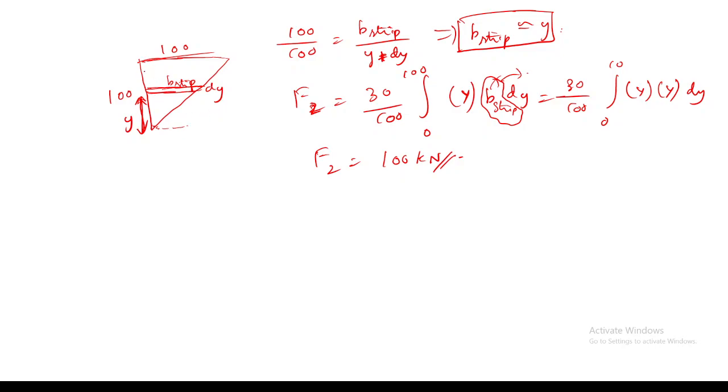Based on this similar triangle concept, I can write this 100 divided by this length 100, which equals b strip divided by y for the triangle I am taking. So we are ultimately getting b strip approximately equal to y. I can substitute the value of b strip as y, and on integrating I will be getting 100 kilonewton. Okay, sir. Yeah.